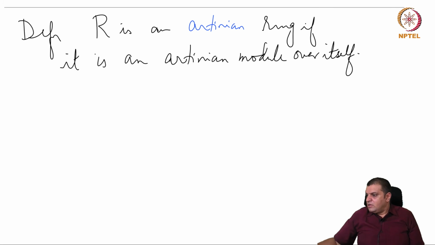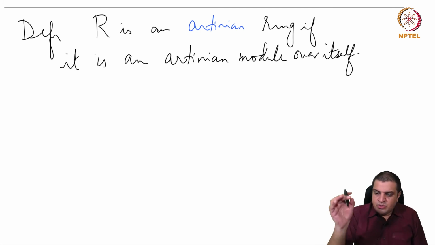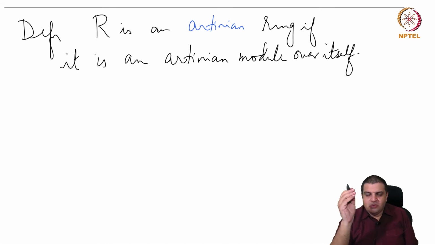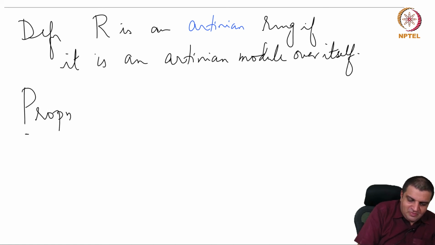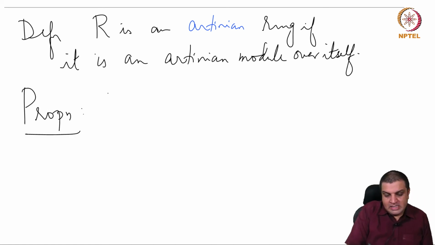Okay. So we'll end this lecture with a strange observation about this kind of rings. Well, it is not strange. It is just that we have not seen this definition so far, so we have not seen that such things could happen. Let R be an Artinian ring.